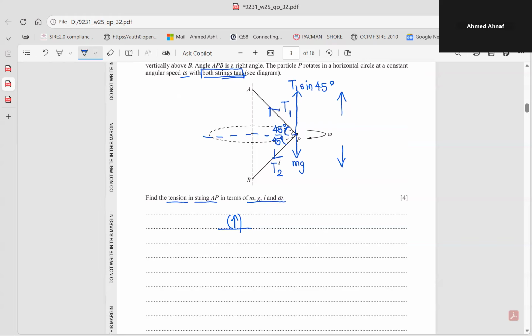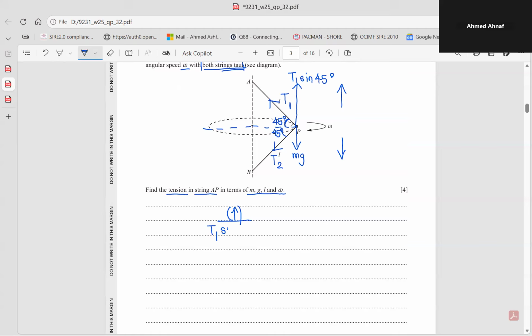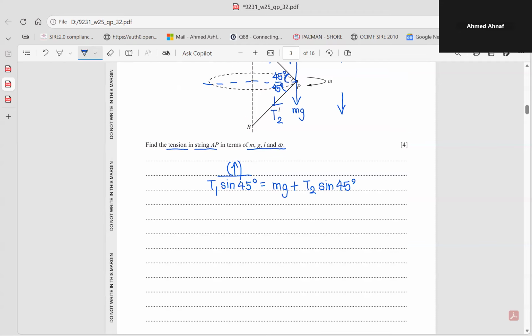Therefore, T1 sine 45 is equal to mg plus T2 sine 45. We can simplify this. Sine 45 is square root 2 over 2, so square root 2 over 2 T1 equals mg plus square root 2 over 2 T2.